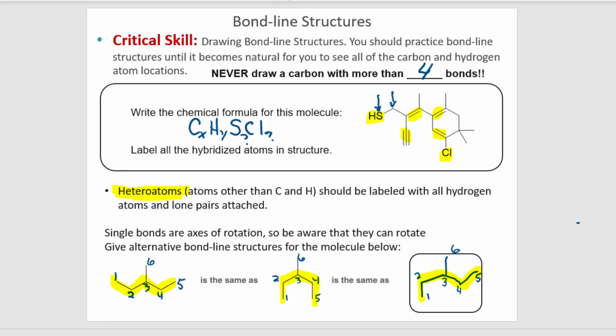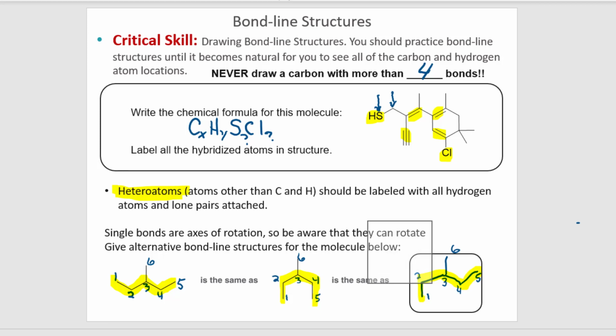Molecules are not stagnant. They are twisting and bending and conforming into different shapes without changing who they are or what they are, right? They are still that molecule with the same properties, but they can rotate.